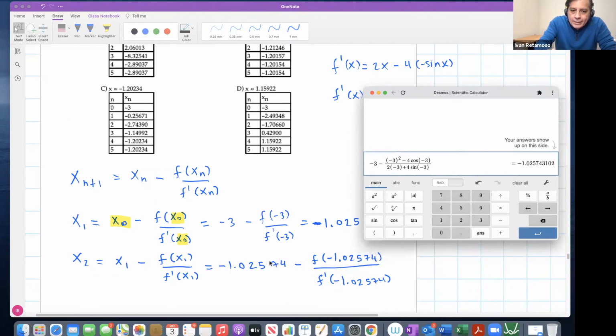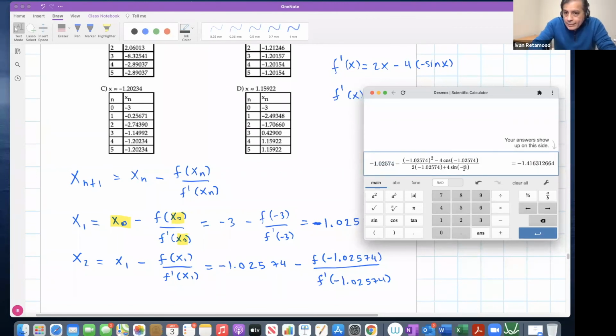Just wherever you see -3, instead write this new number, negative 1.02574. To make it even easier, just copy and paste this. Wherever you see -3, you replace it with the new value. With this guy.